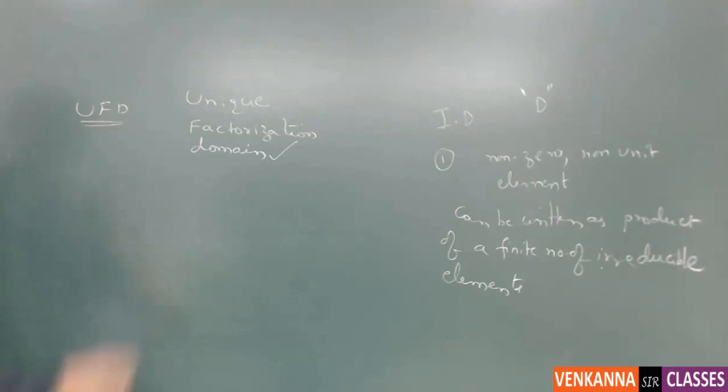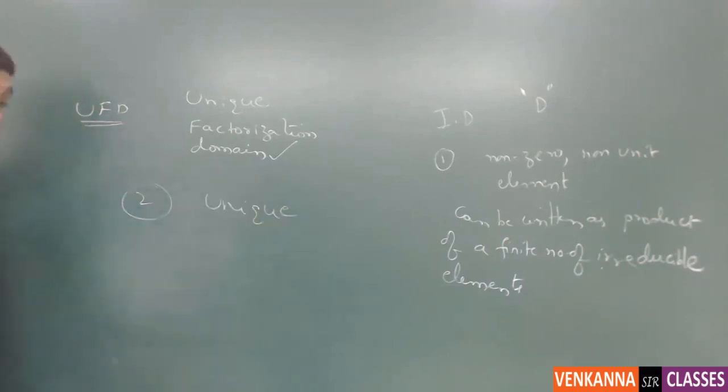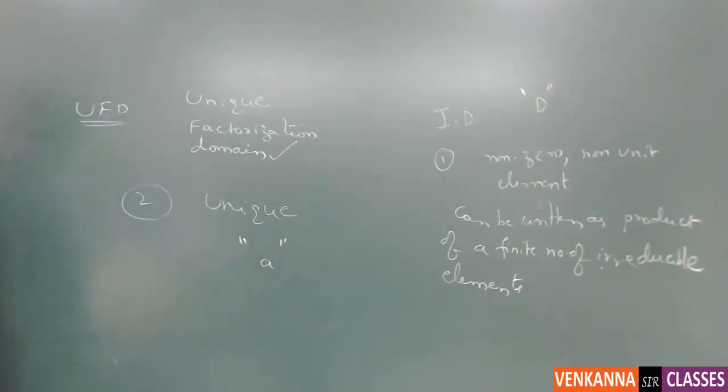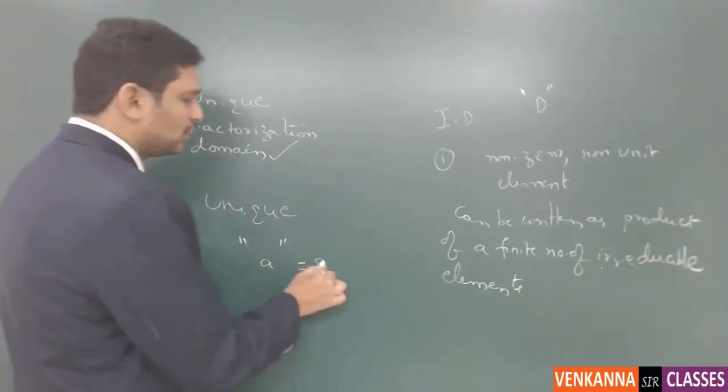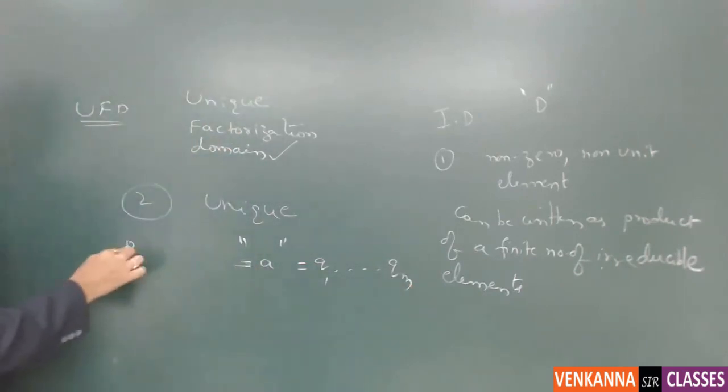And the second thing is that the factorization is unique. So what is meant by unique factorization? If you take an element A, it has two factorizations. Say A is equal to Q1, Q2, and so on up to Qm, and A is equal to P1, P2, and so on up to Pn.